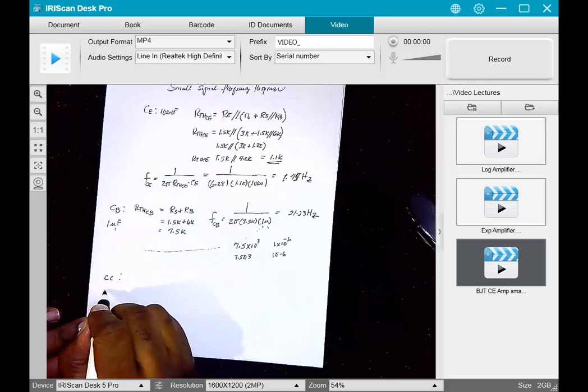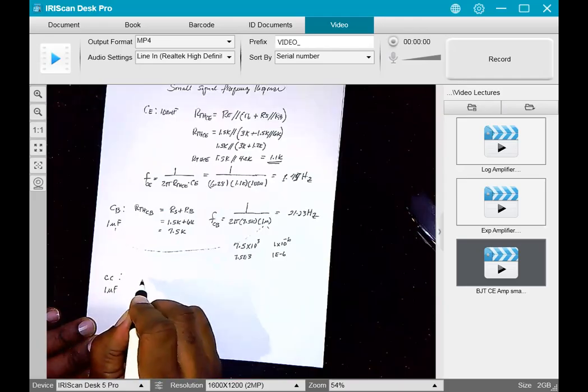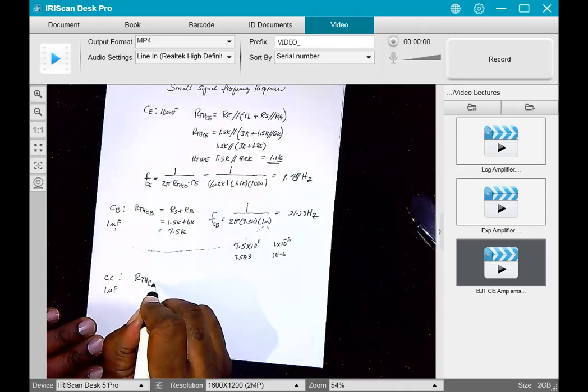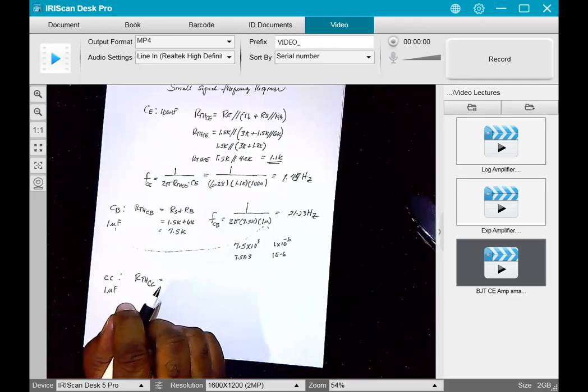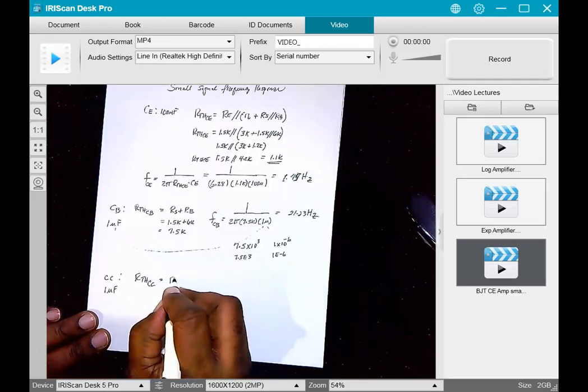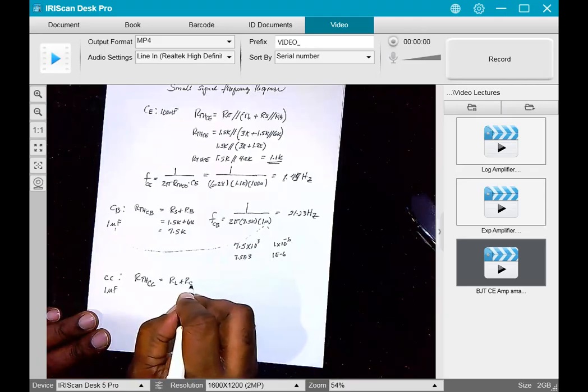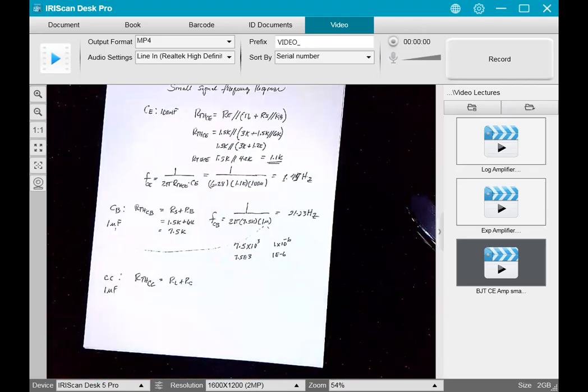We have, and its value is 1 microfarad. And R Thevenin of C sub C was what? RL plus RC. If I remember correctly. Oh, here it is.